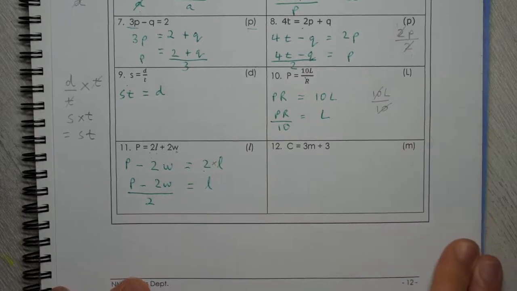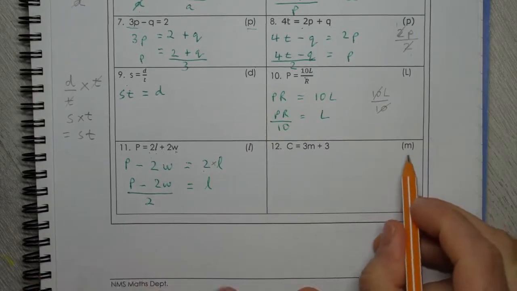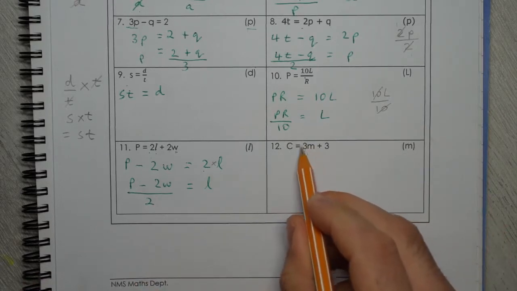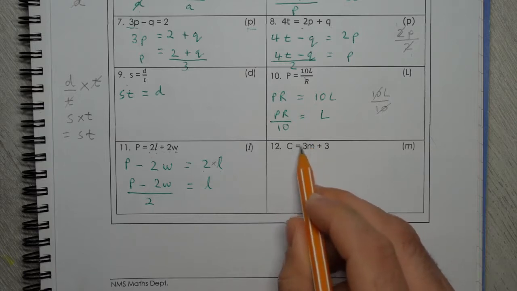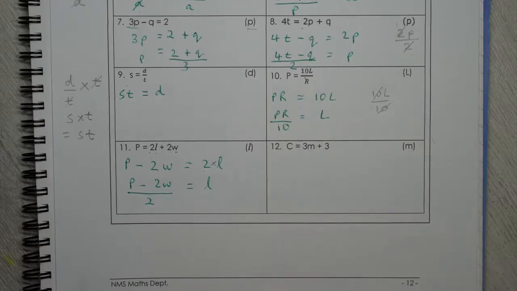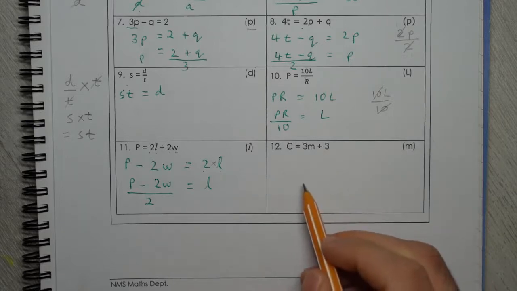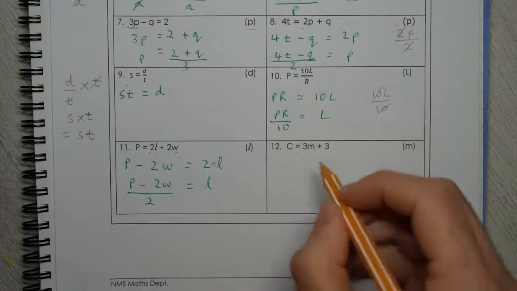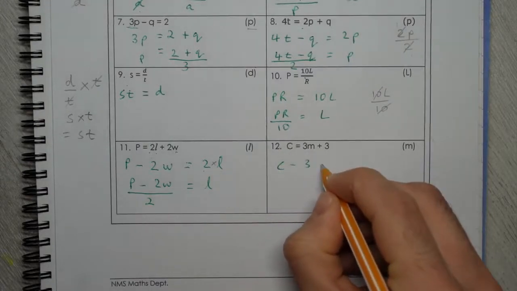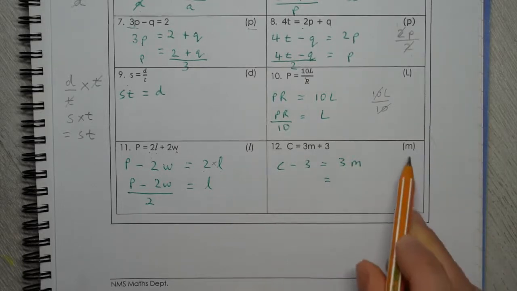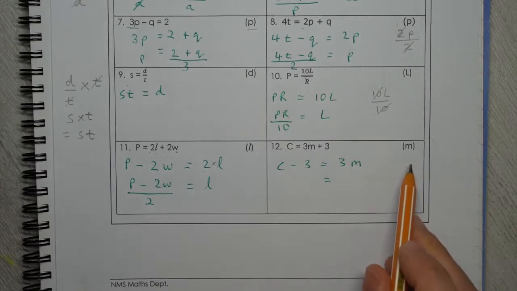Question 12. We need m, the subject of the formula. So, m is in this term, in 3m. So we're going to leave it as it is, 3m for now, because we have plus 3, which we need to eliminate first. We eliminate plus 3 by doing minus 3 on the other side. So c minus 3 is equal to 3m. We need m as the subject of the formula.